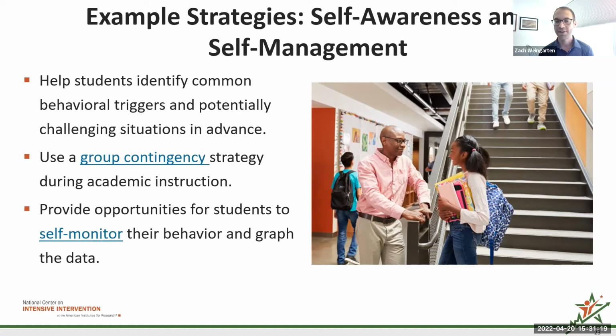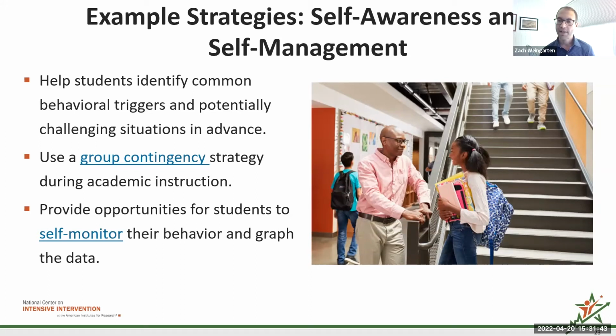The second one on here is to use a group contingency strategy during academic instruction. A group contingency strategy could be something like the teacher-student game or the you-me game. This is a strategy where students earn points for exhibiting expected behaviors or meeting behavioral expectations in class.